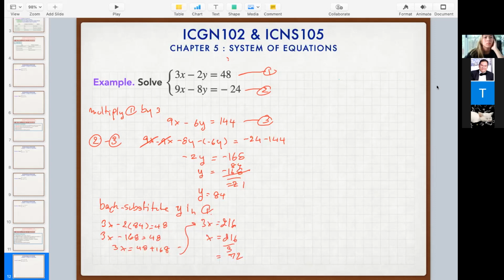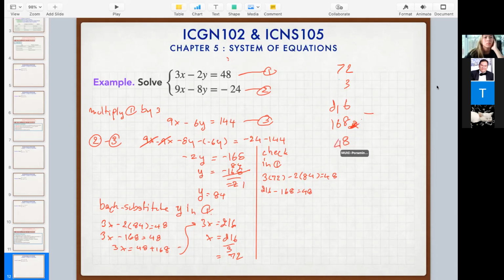Then I have to check. In equation number 1 first, 3 times 72 minus 2 times 84 equals 48. 216 minus 168 equals 48. 48 equals 48.